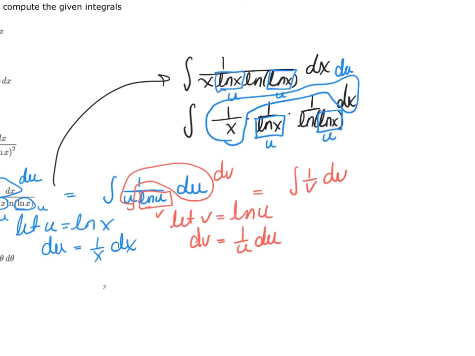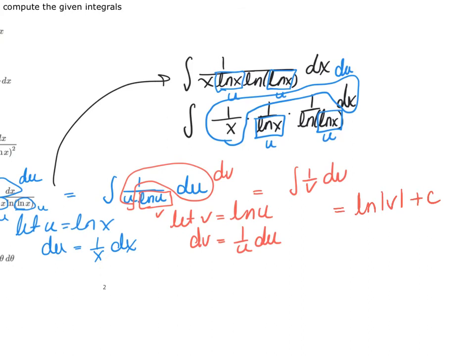So now I can just do my integration, and this is going to be equal to the natural log of the absolute value of v plus C. But I'm not doing v, so I have to go backwards.